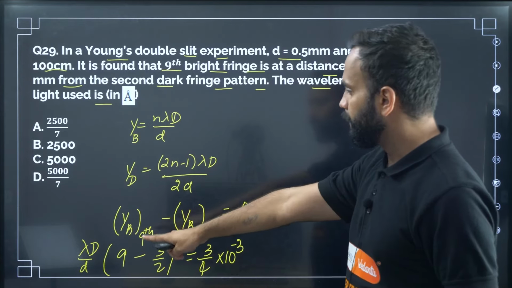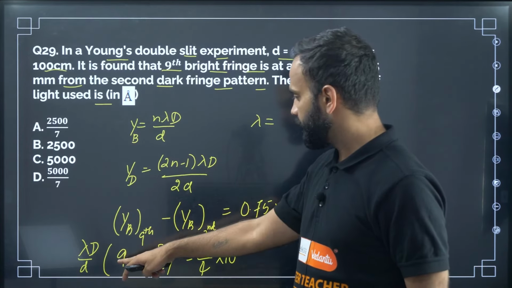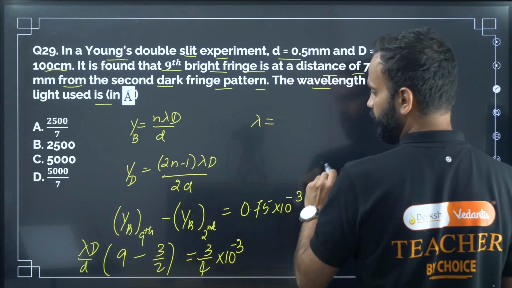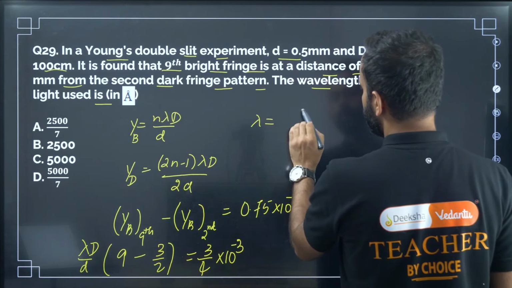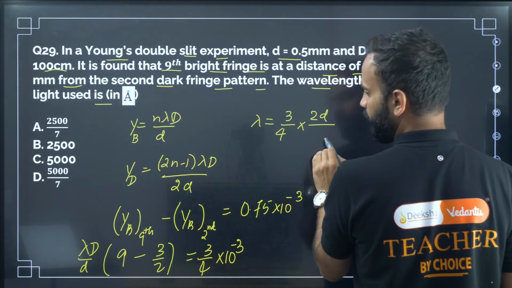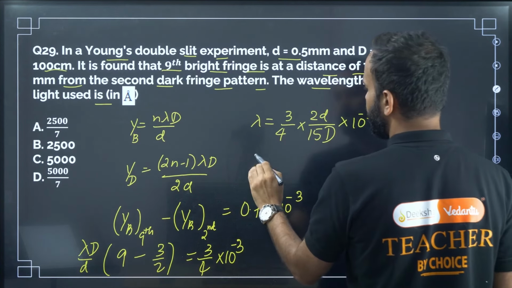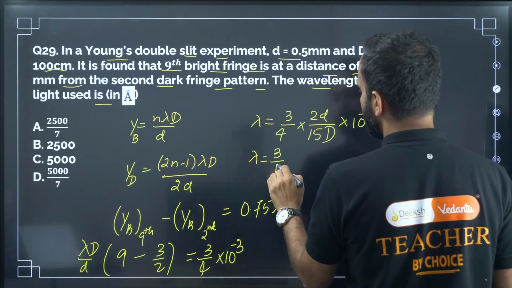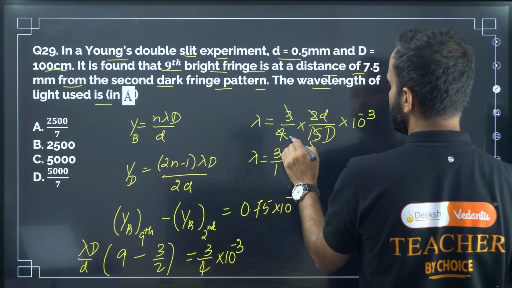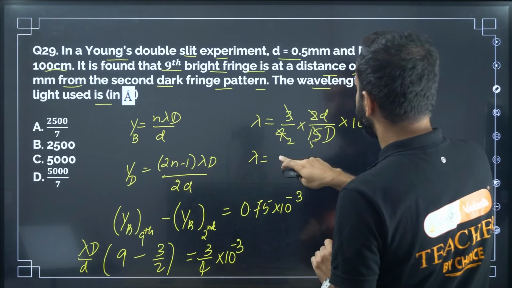The value of capital D and small d is given, right? So lambda is equal to 3 by 4 into 2d divided by 15 into D into 10 to the power minus 3. So now lambda is equal to 3 by 4, and here 3 5s are 15, and this is 2. So then here 1 by 10.